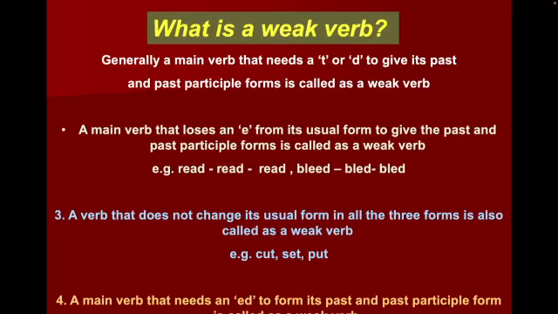Again, the same verb. With render, it becomes rendered and rendered. So overall, when we look at weak verbs, you're really not changing much of the verb, if anything at all. Whereas a strong verb, your present tense, your past tense, and your past participle, you're going to see vowel changes, even lettering changes throughout.